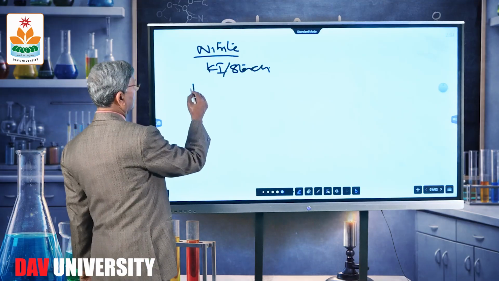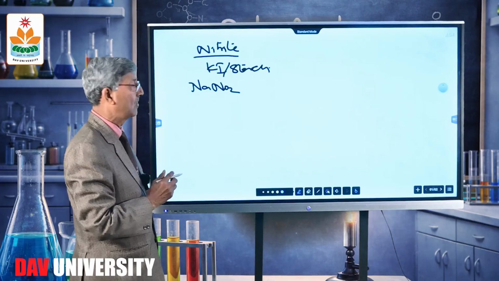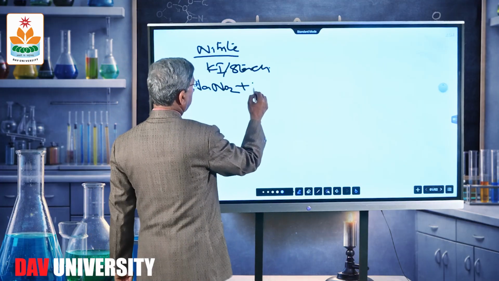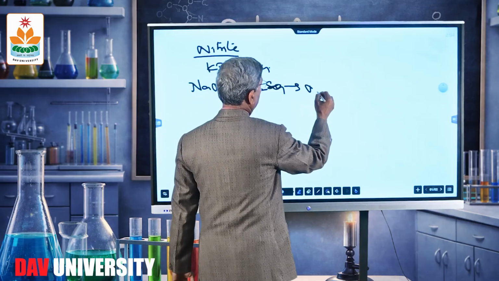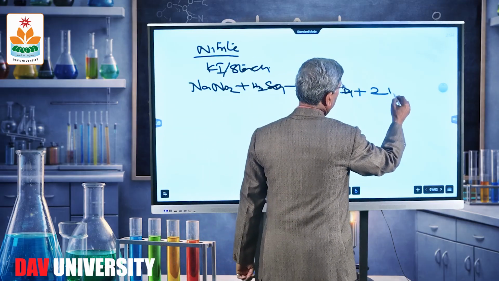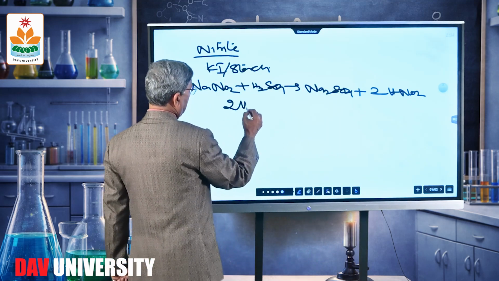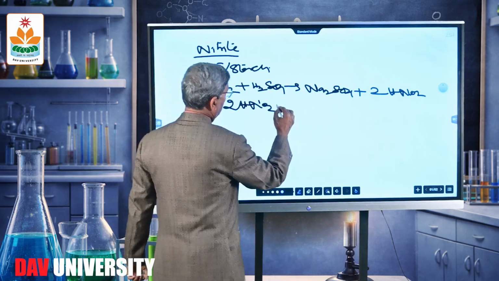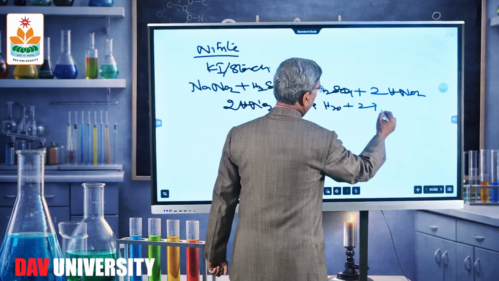We take a salt solution, let us say NaNO2. We add H2SO4 to it. This will give you Na2SO4 plus 2HNO2. This 2HNO2 will decompose to give you water plus 2NO.